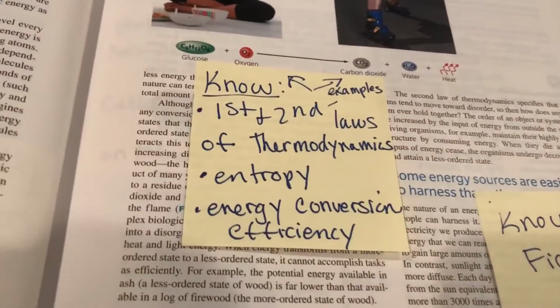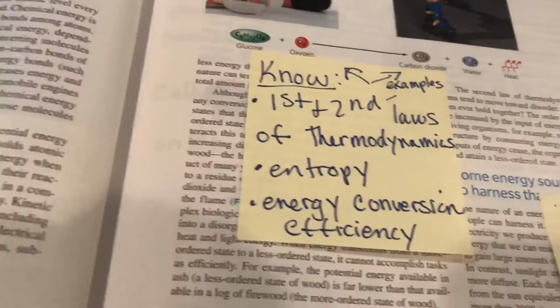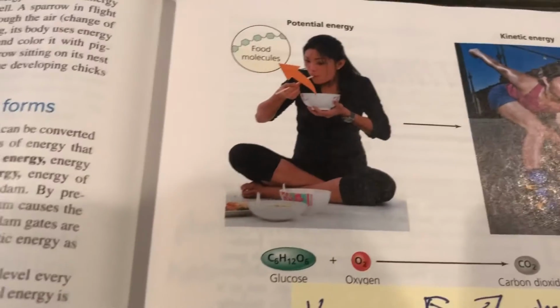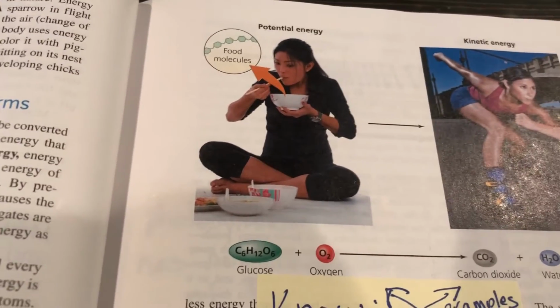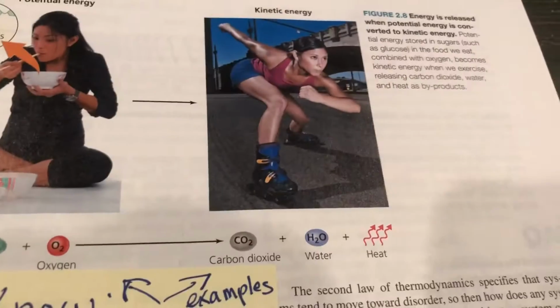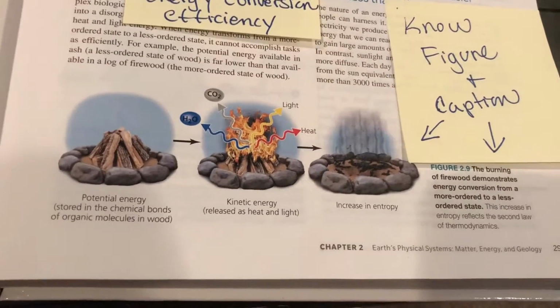All right. Physics. Make sure you know the first and second laws of thermodynamics and have some examples. So I gave you some examples of both potential energy and kinetic energy. And even down here, this drawing, this figure and caption is pretty important.